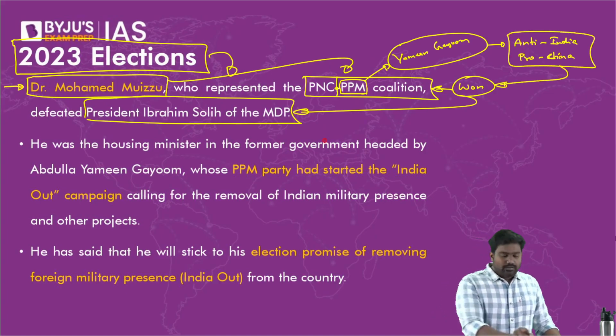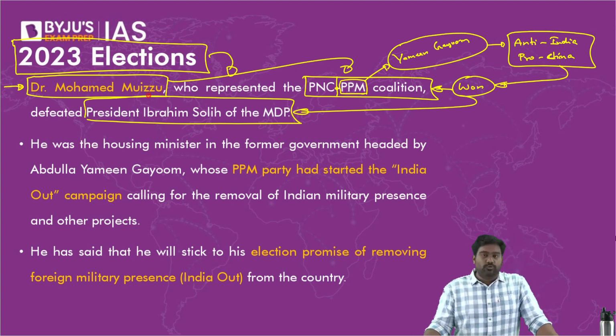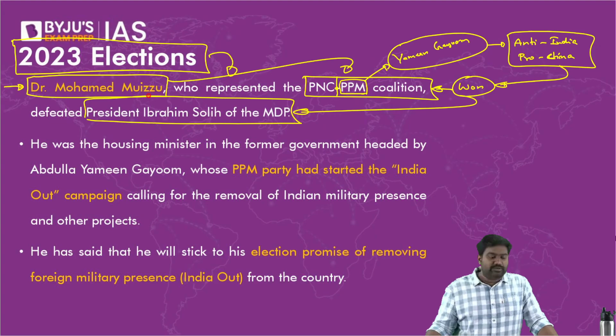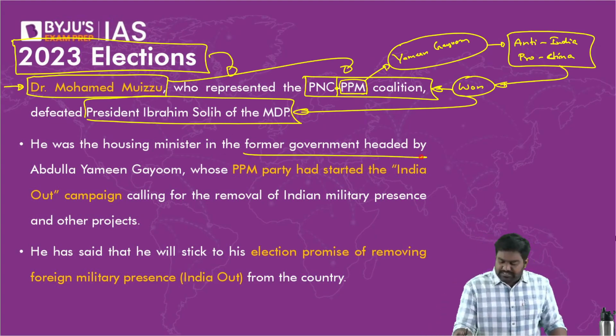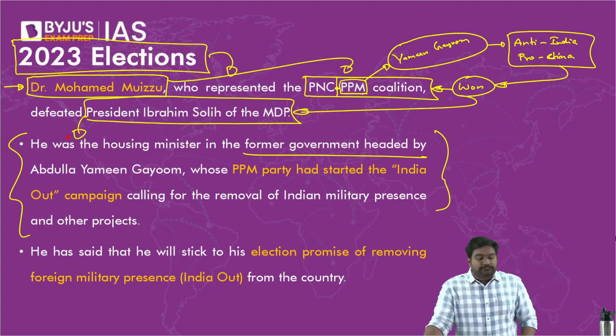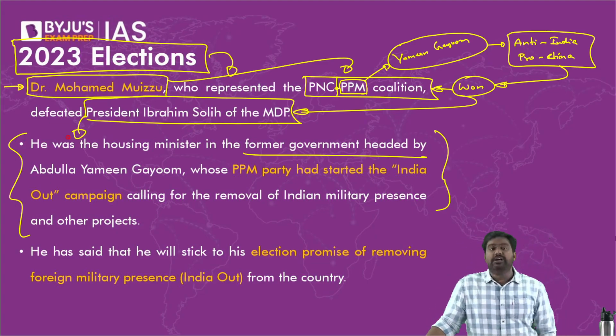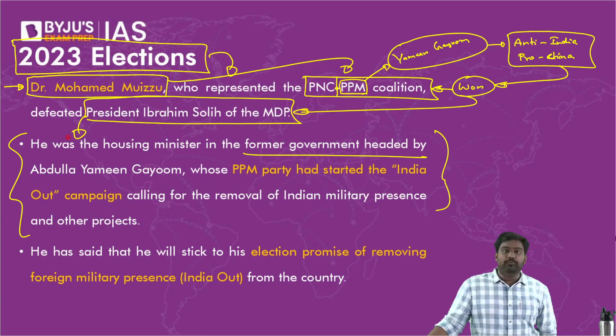Dr. Mohamed Muizzu is a protégé of Yameen Gayoom. He has groomed him in politics. He was the mayor of Malé. He was also a minister previously in the government of Yameen Gayoom, the housing minister. So he is a disciple, a puppet of Yameen Gayoom.